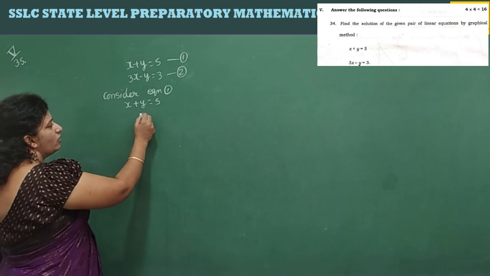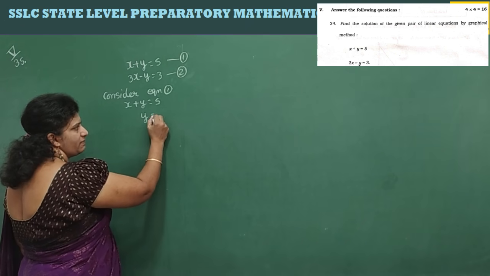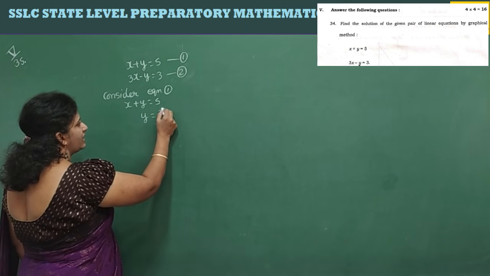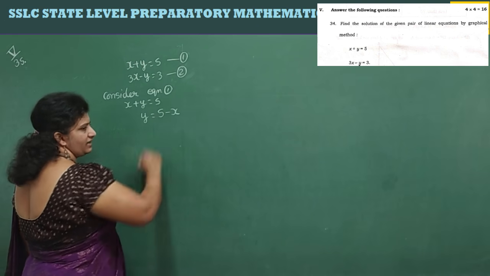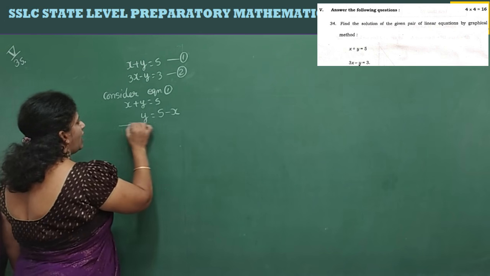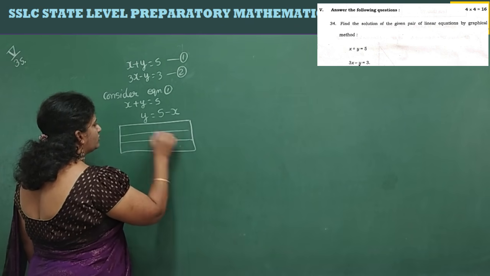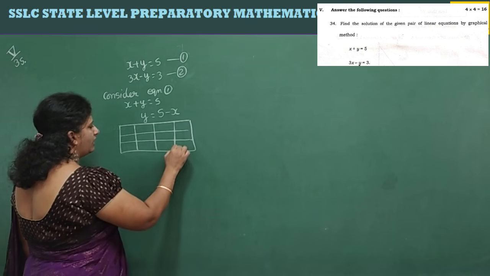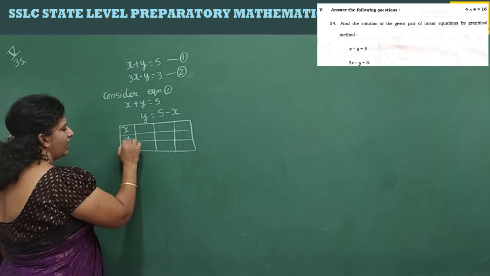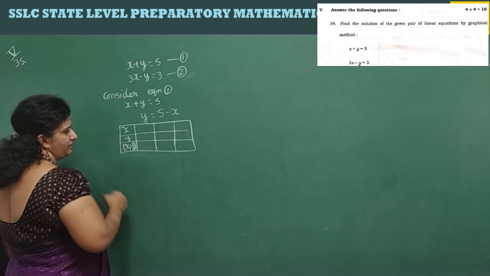That is, only y should be on the LHS. Send the other side: 5 minus x. Okay. Now draw a table containing 3 rows and 4 columns: x, y, x comma y.